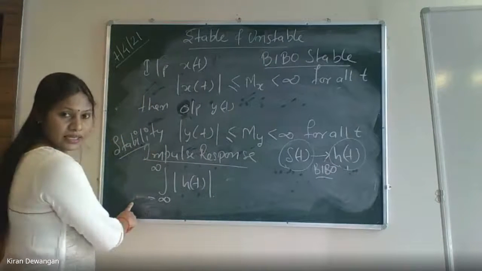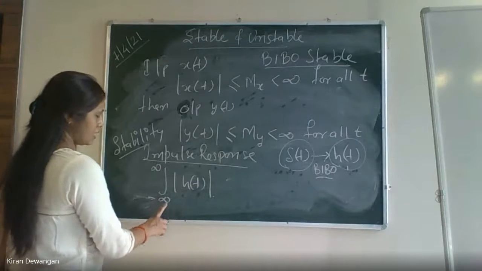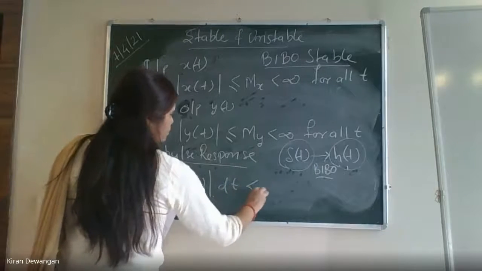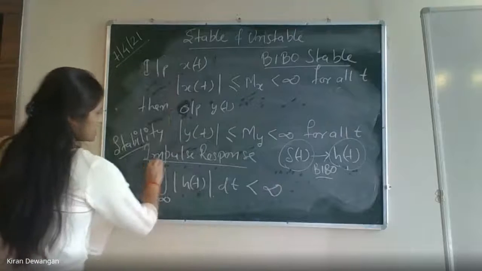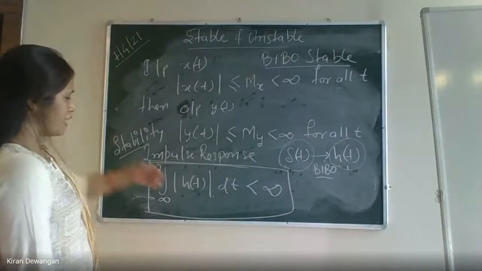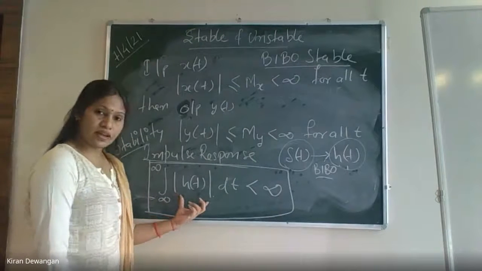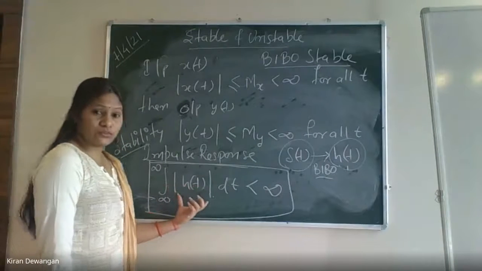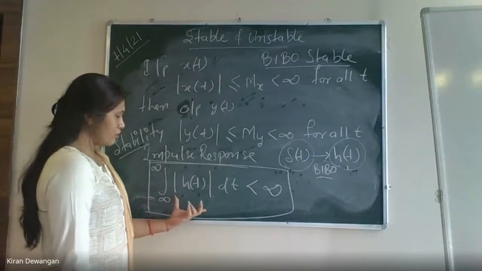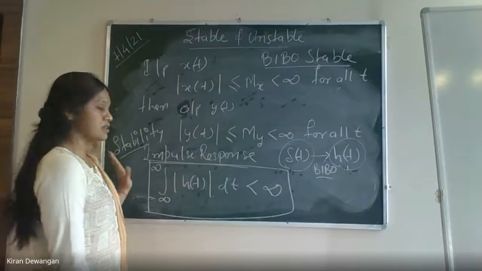So for checking the stability of the system, the condition is that the integration from minus infinity to infinity of mod of h of t dt should be a finite value. That is, delta t is a bounded input, and h of t is the response we get. If the integration of mod of h of t dt is a finite value, then the system is a stable system.